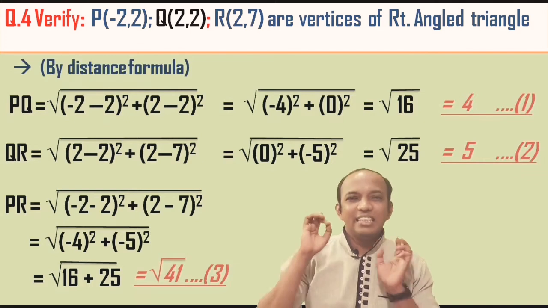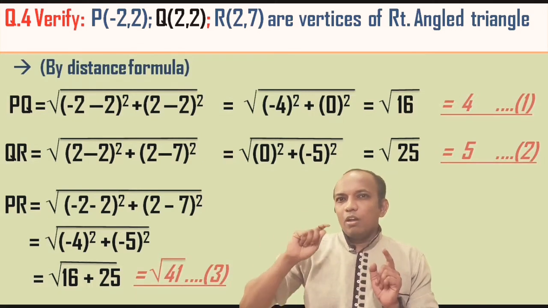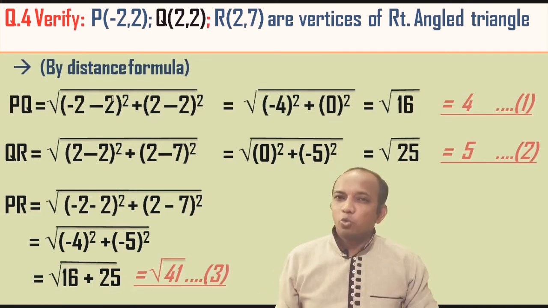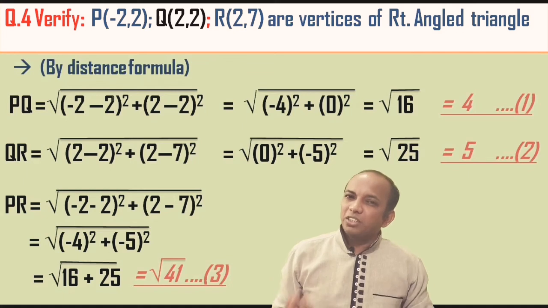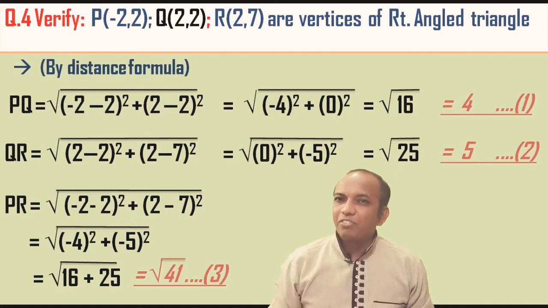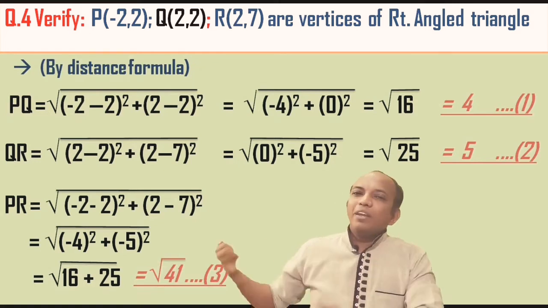Yes, PR is the longer one, because under root 41, under root 25, see, 5 means under root 25, and 4 means under root 16. Now compare root 16, root 25 and root 41. Of course root 41 is the longest, right?